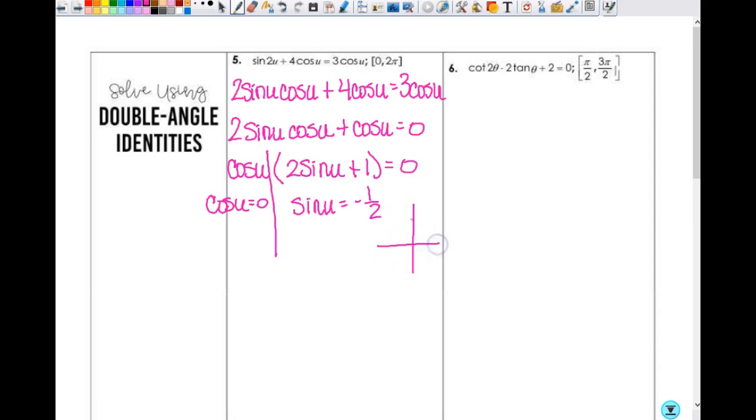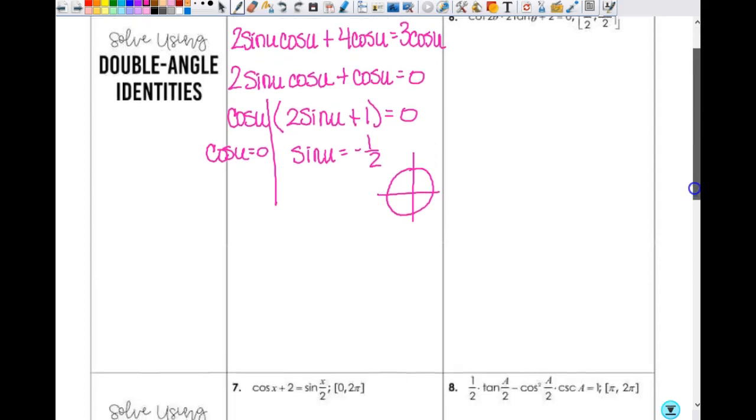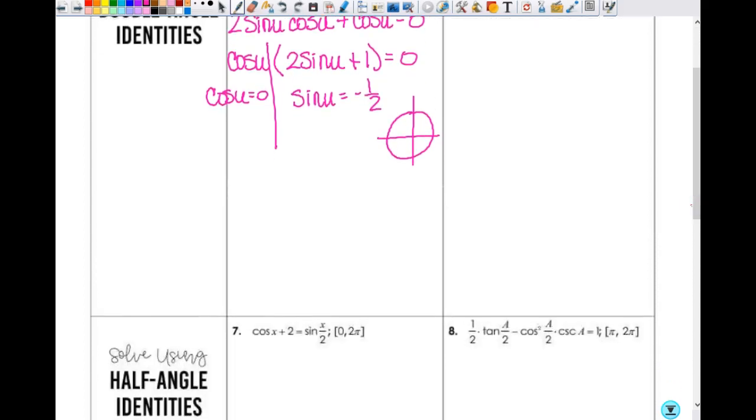Going from 0 to 2 pi, so I'm using the whole circle, no repeats. When is cosine 0? Pi halves and 3 pi halves. And when is sine negative 1/2? Good. 7 pi 6 and 11 pi 6, because that's down in the third and fourth quadrants.